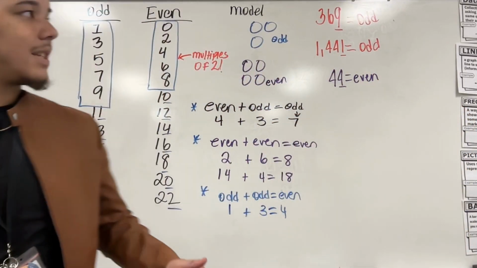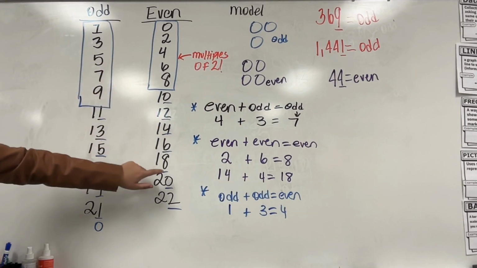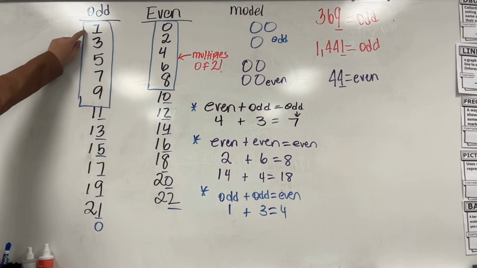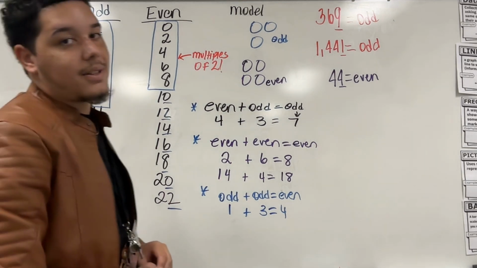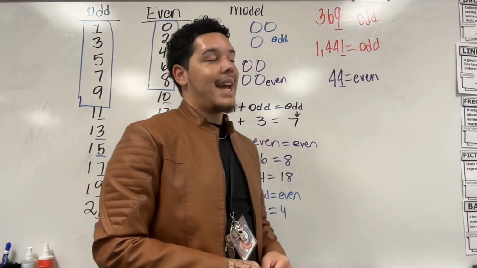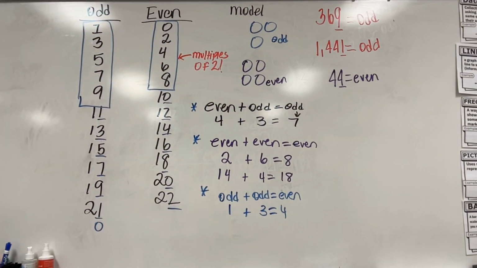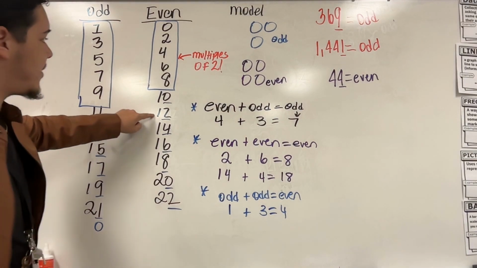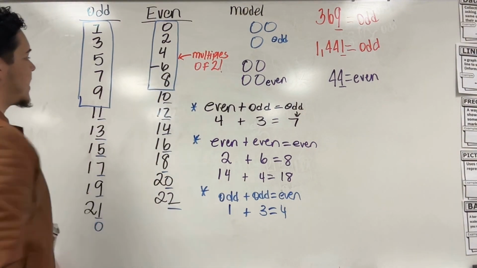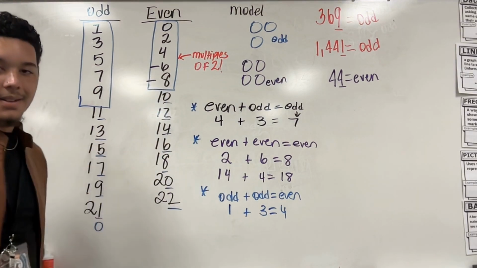So the way I like to remember this, even numbers are multiples of 2, especially in the ones place. Odd numbers end in 1, 3, 5, 7, and 9. All right, so that is how you determine whether a number is even or odd. Remember, all you have to do is ask, can you divide 12 by 2? Yes, 12 divided by 2 is 6. 16 divided by 2 is 8.